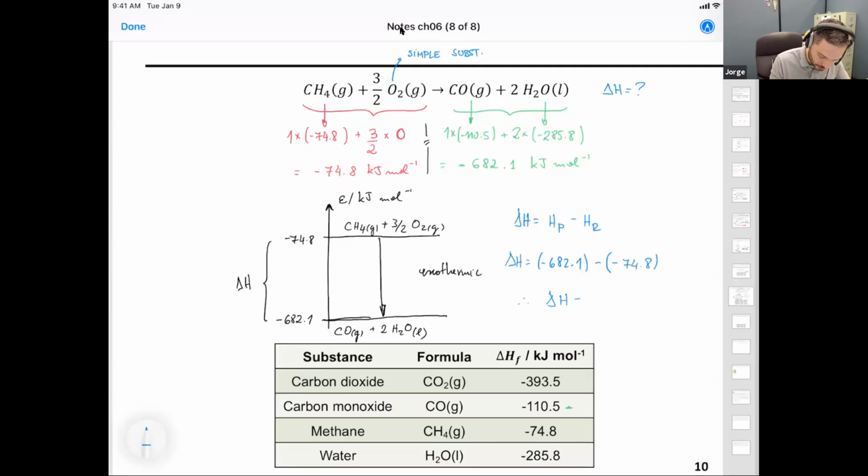Therefore, the delta H for the incomplete combustion of methane is going to be minus 607.3 kilojoules per mole.